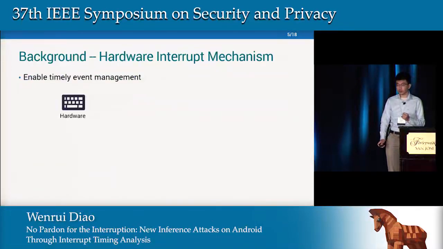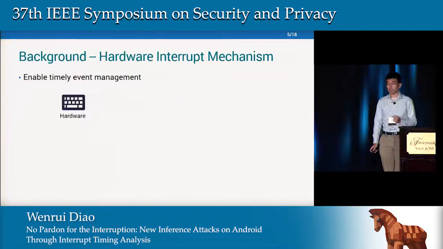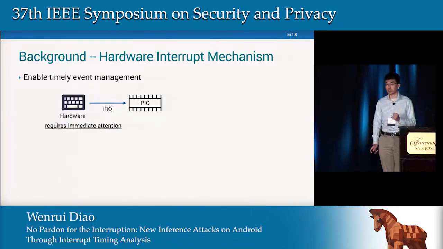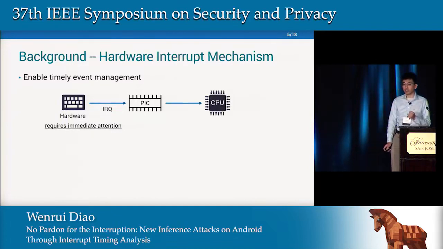Next, I give some basic background. The hardware interrupt mechanism is designed to enable timely event management. If an external device requires immediate attention from the OS, it will emit an electronic signal called an interrupt request and send it to the programmable interrupt controller, or PIC. The PIC will notify the CPU to process this request immediately.